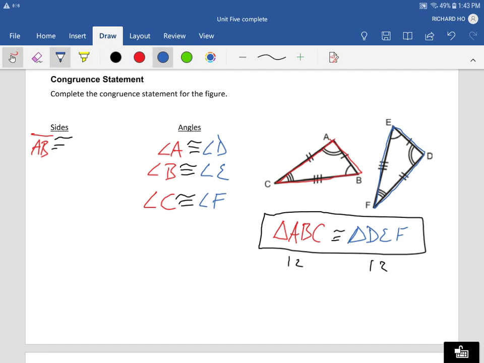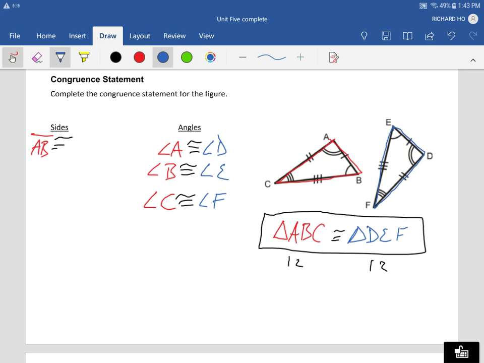Okay, AB. How many notches does it have on it? Right here, this AB, there's 1 line across from it. Michaela, over here on this blue one, which one of these lines has 1 notch on it?